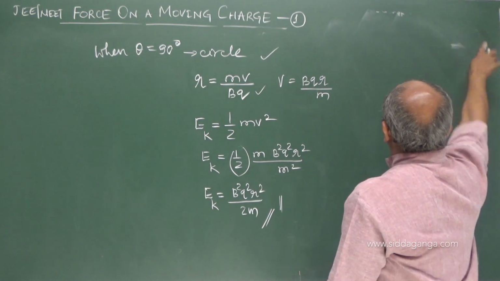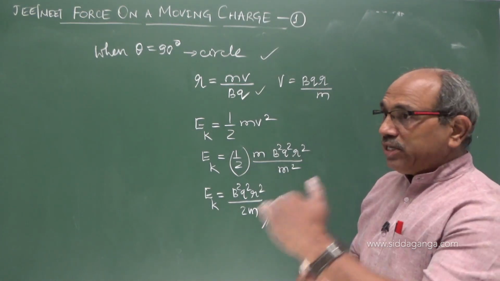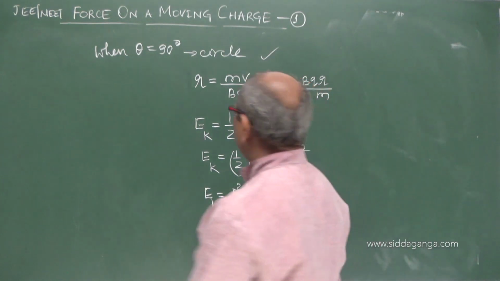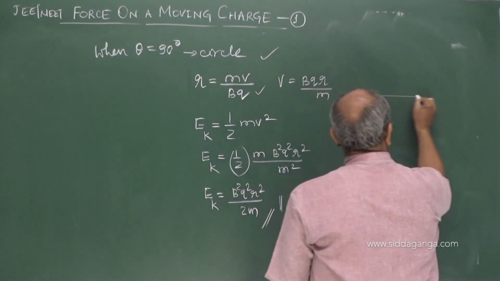When a charged particle enters a limited magnetic field, what may be the possibilities?